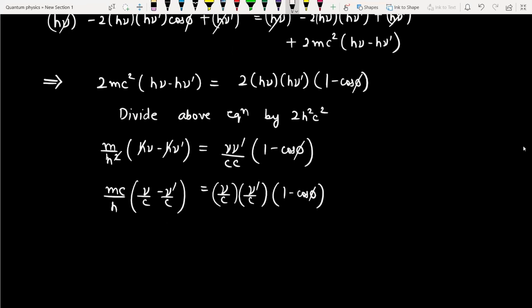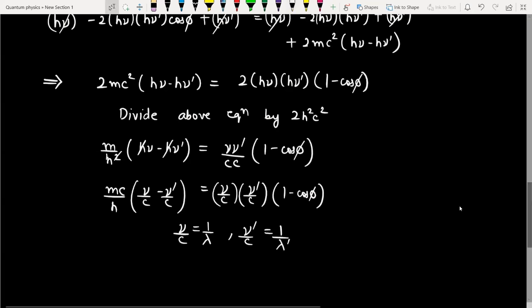Now we know the relation between the frequency and lambda with the speed of light. We know that mu over c is 1 over lambda. So obviously this mu prime over c will be 1 over lambda prime. This is basic.